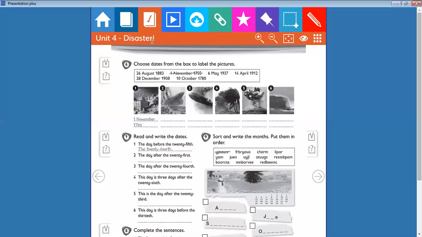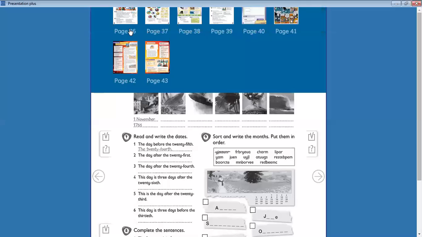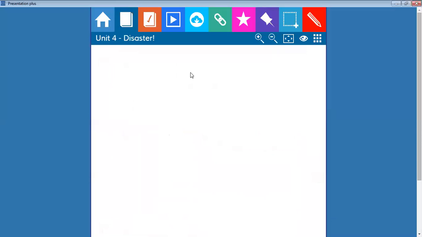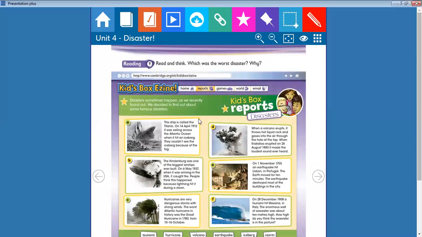Okay, I'm going to show you that page. Look at this picture. It's about the ship Titanic that was on the 14th of April, 1912.